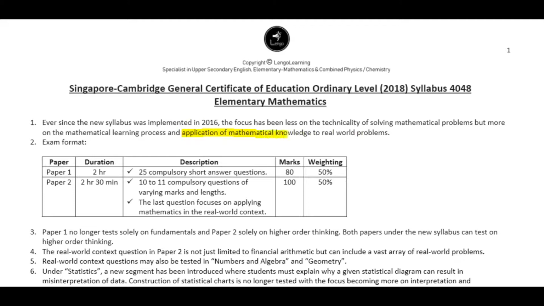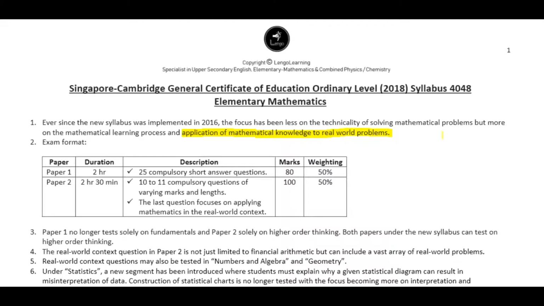Alright, so there will be a lot more questions that are less routine, and it is more difficult for students and teachers alike to be able to spot the types of questions that are going to be tested in the O levels.